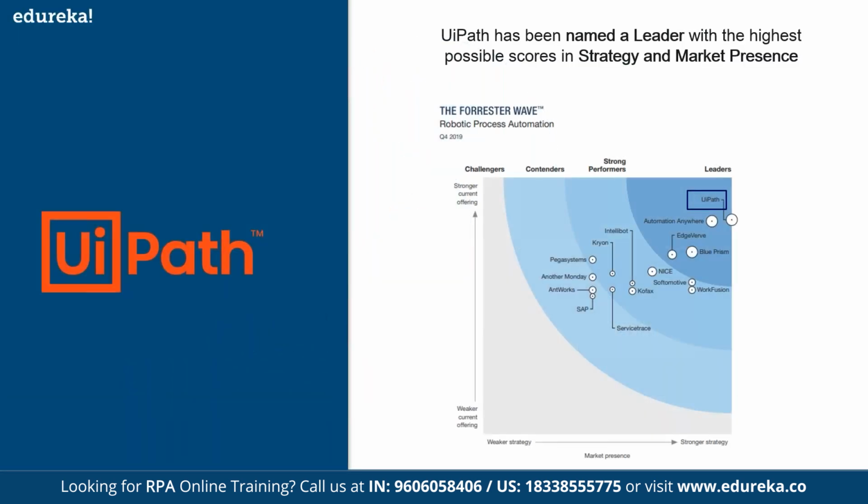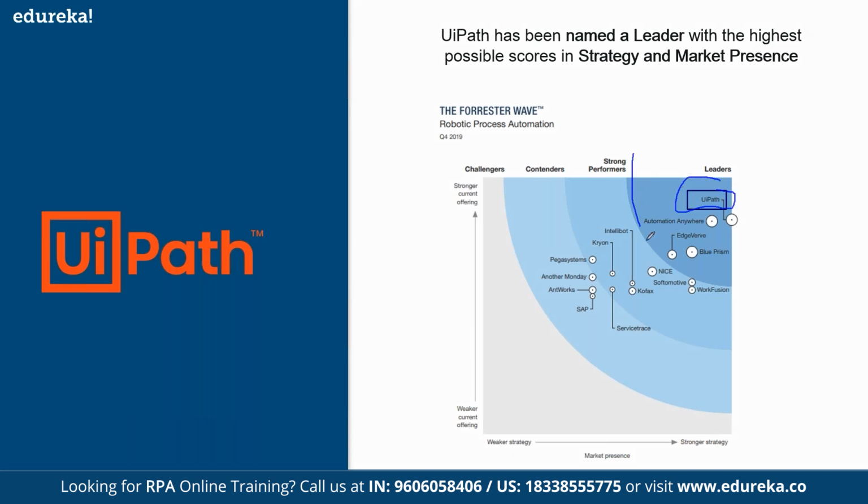As I said, UiPath has been named a leader, with the highest possible score in strategy and market presence. You can see on the x-axis you have market presence, and on the y-axis you have the strategy. In combination of that, you can see UiPath is currently leading.